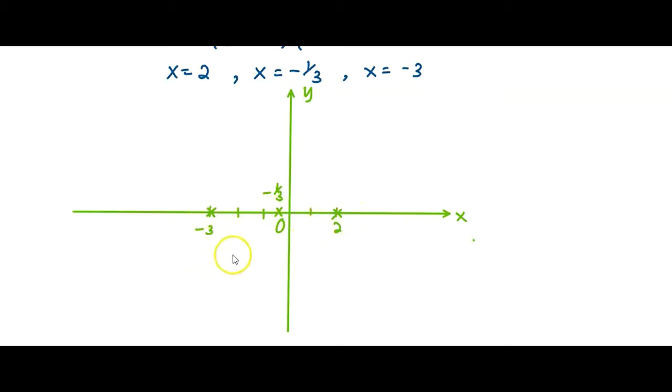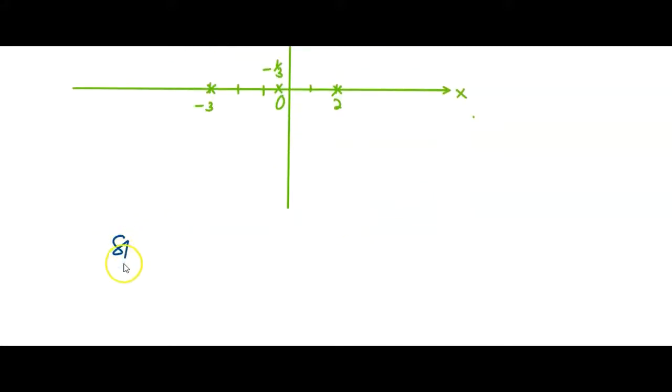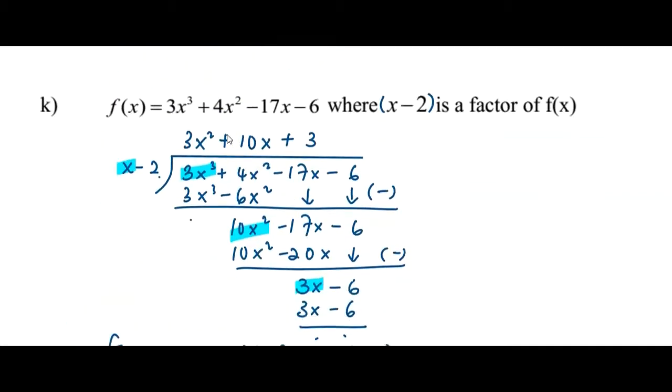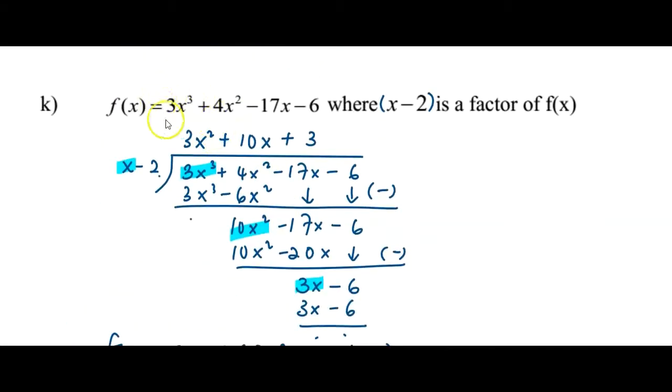And now you don't know the shape, right? You need to determine the shape by considering the value of a. When you expand this back, you scroll back to the question, you can see that your a, which is your coefficient of x cubed, is 3.